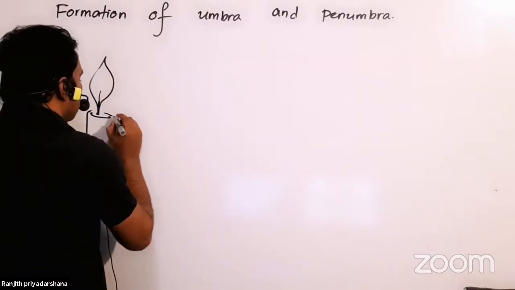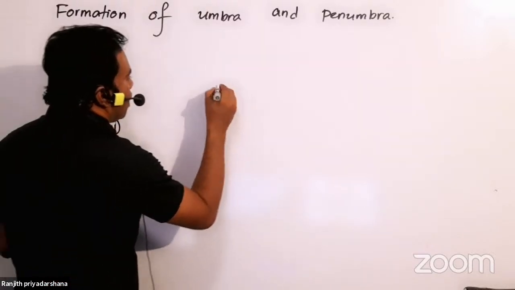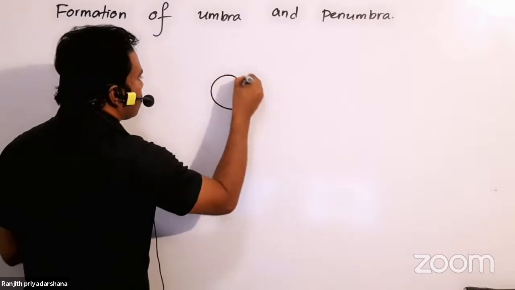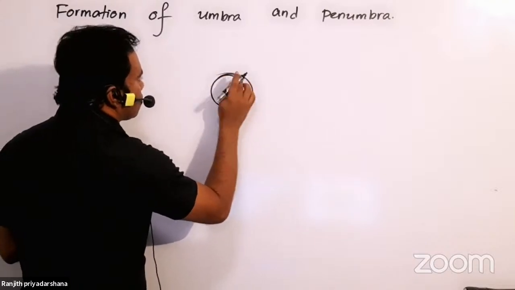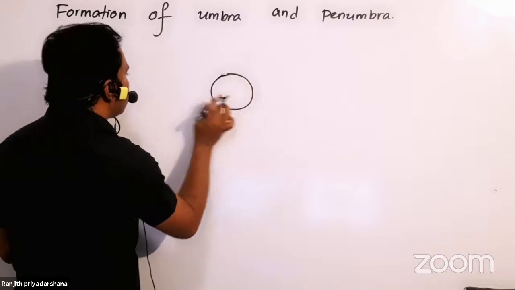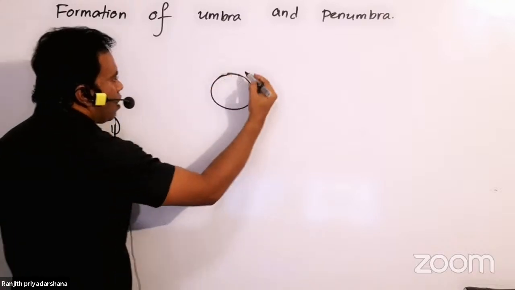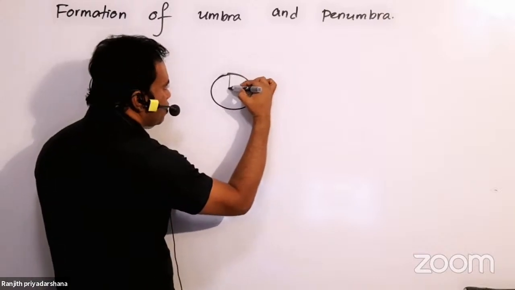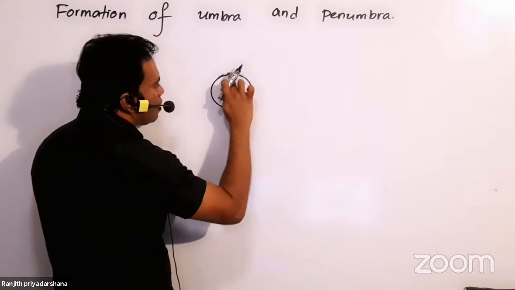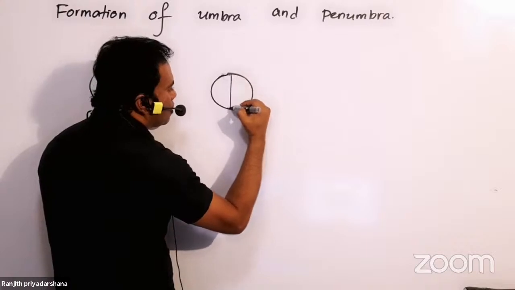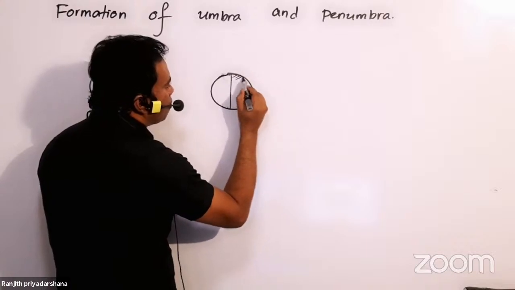If you put an object here, here's the object, and light comes, and this half of the object is exposed to the light, the other half is darkened because of the absence of light.